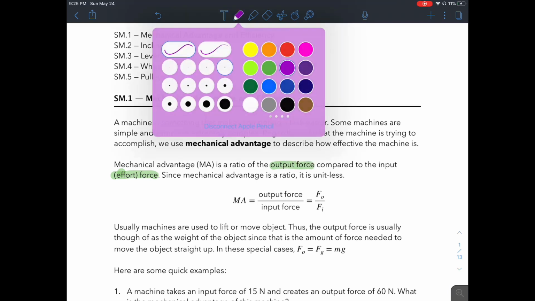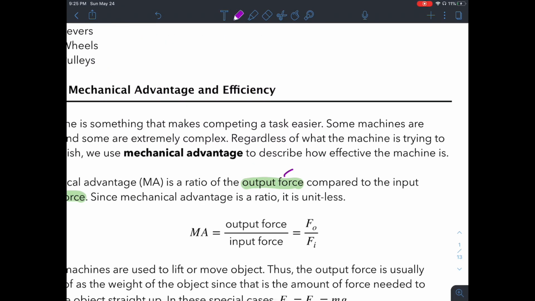Essentially, the output force is the force needed to complete a task. So if we want to lift something, then based on the weight of that object, we need a specific amount of force to be the output force.